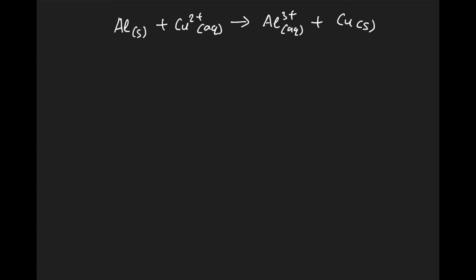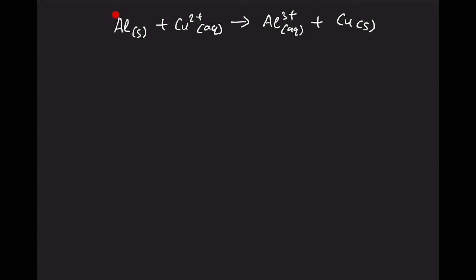Suppose we have the simple reaction of aluminum solid plus the ion of copper becoming an ion of aluminum, or a cation to be precise, plus a solid of copper. This is a redox reaction because we can see that in this case there is a change of oxidation number for each of the elements.